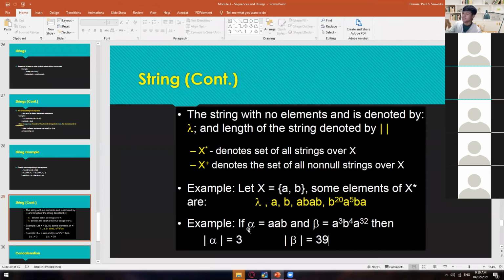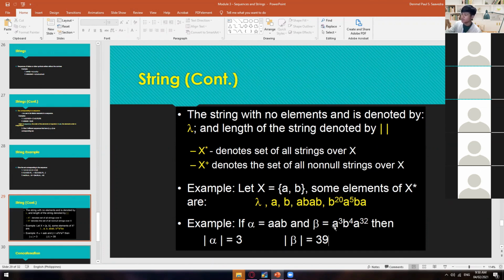Anyway, let's have this example. If alpha is equal to AAB and beta is equal to a raised to 3, b raised to 4, a raised to 32, then the cardinality of alpha is 3, and the cardinality of beta is 39. Why 39? Simply add the exponents of the given elements.